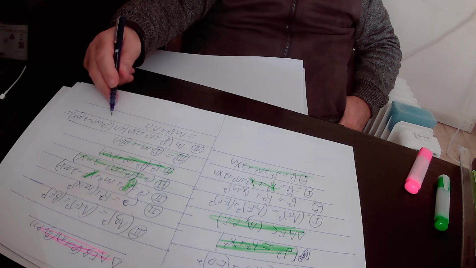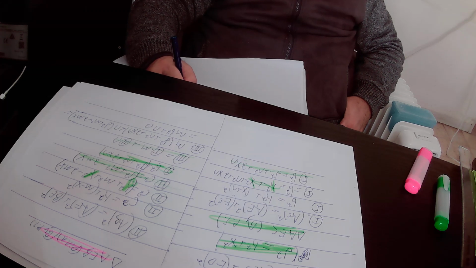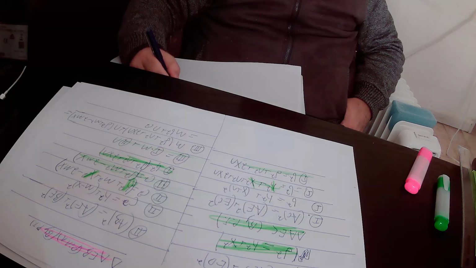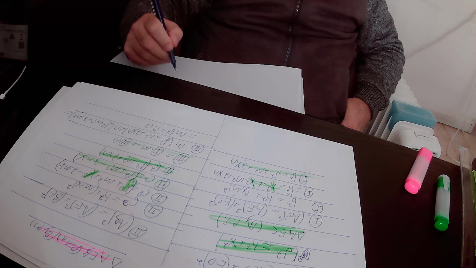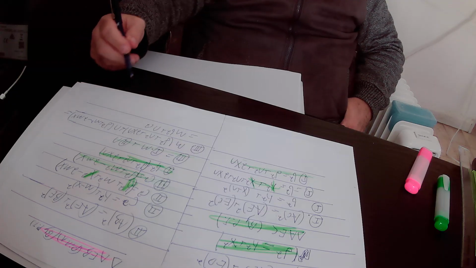So n times d squared is nd squared, plus n times m squared is nm squared, plus n times minus 2mx is minus 2mxn.